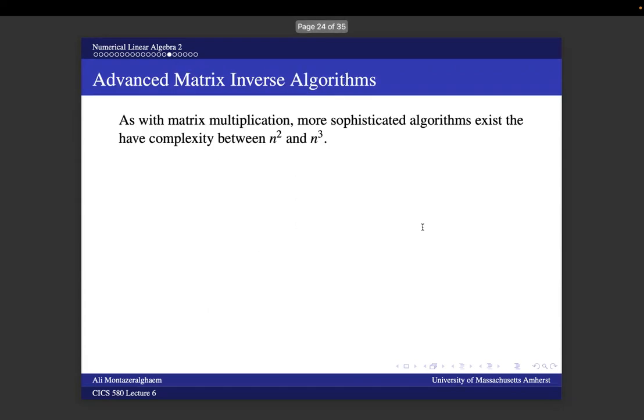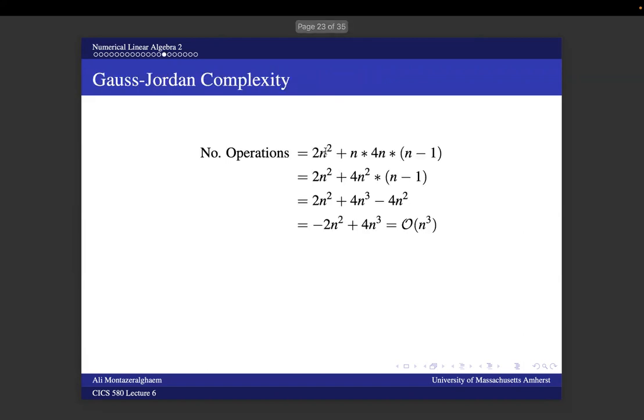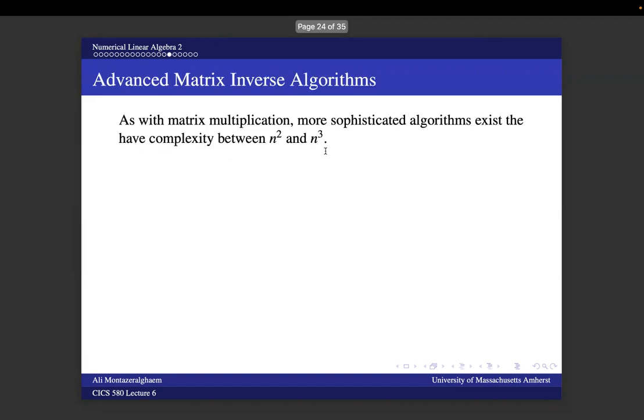So advanced matrix inverse algorithms are more efficient than this algorithm. The complexity of these algorithms is between n squared and n cubed, which means that we can find the inverse of the matrix faster than the Gauss-Jordan algorithm.